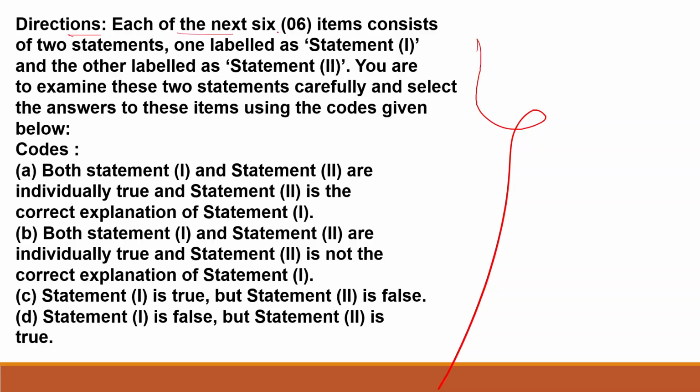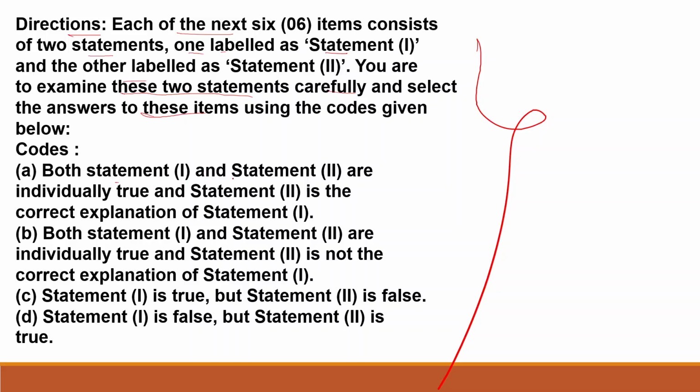Each of the next six items consists of two statements, one labeled statement one and the other labeled statement two. You have to examine these two statements carefully and select the answers using the code. You have to select carefully which of the two statements is correct and which is wrong. So these are the codes for the six questions.